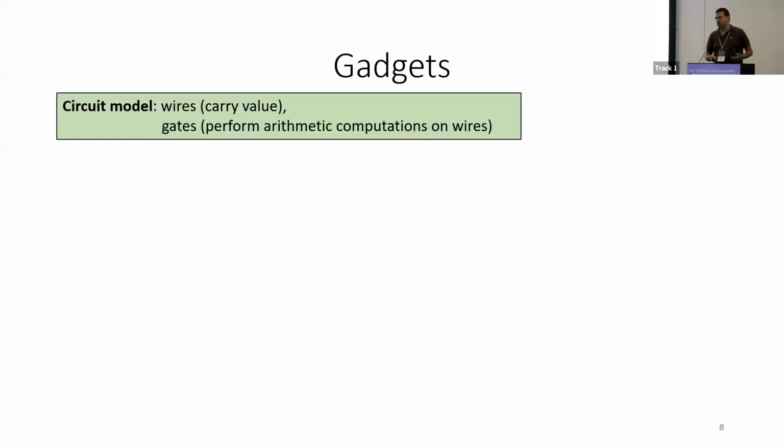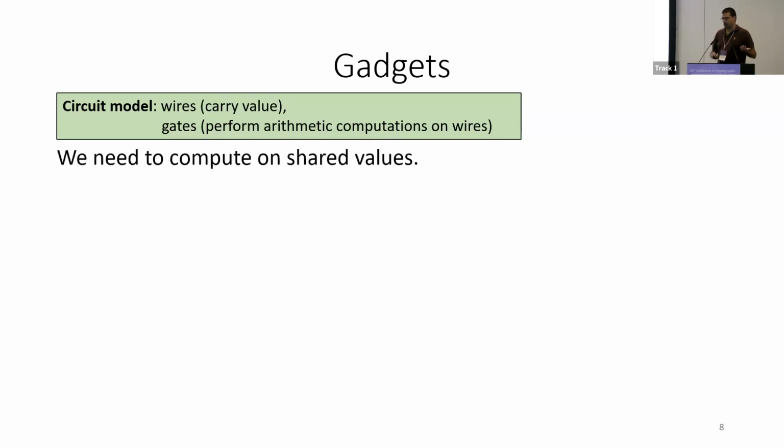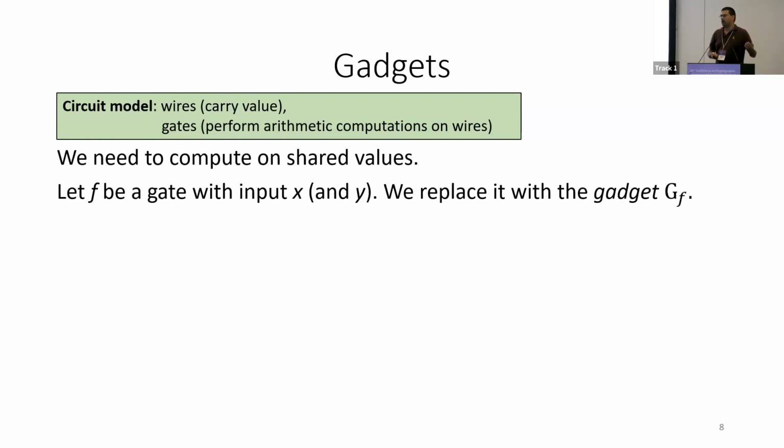Now we have these shares, and we need to do computation on them. We use a circuit model where we have wires, which carry values, and gates, which perform arithmetic computation on wires. But now we have no more values, we have shares, so we need to compute on them. And for this, we use gadgets.